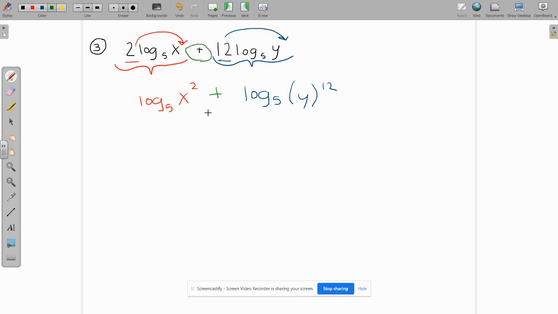Since I do have both log base 5 and log base 5 here, I know that I can combine them, or condense them, like I said before. And since it's addition, I'm multiplying this x squared and the y to the 12th. So I'm overall taking log base 5 of x squared times y to the 12th.